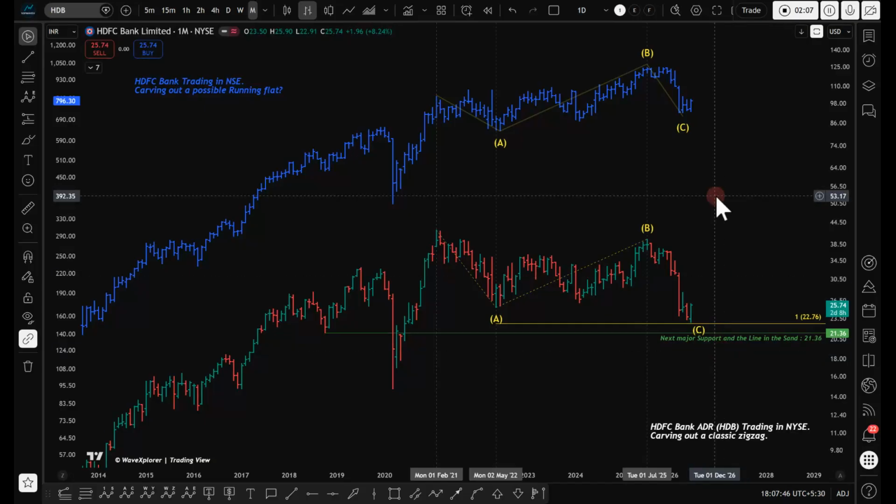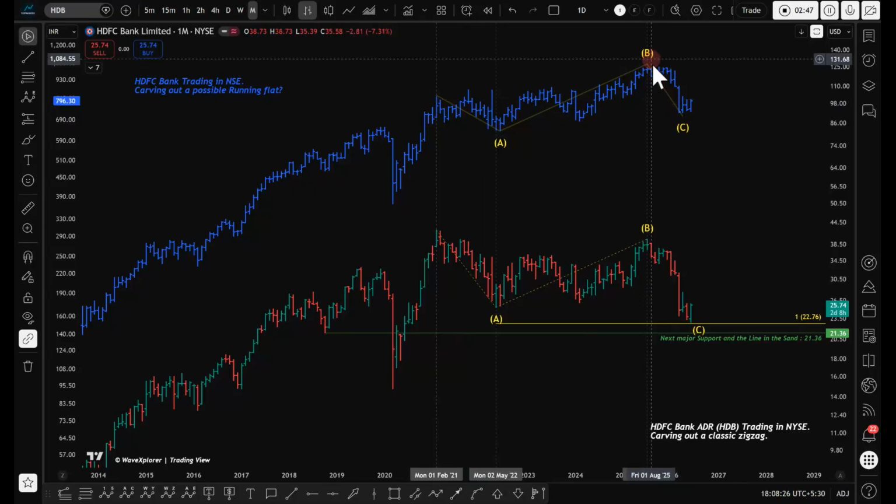Now looking at the blue line directly above this, which actually tracks the local Indian market, we can see some choppy price action over the last few years. I did actually consider an ending diagonal or even a triangle pattern here, A, B, C, D, E. However, a running flat looks like a much better structural fit simply because triangles and diagonals require slower and overlapping corrective subwaves.